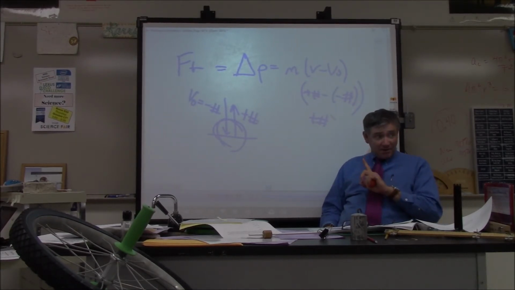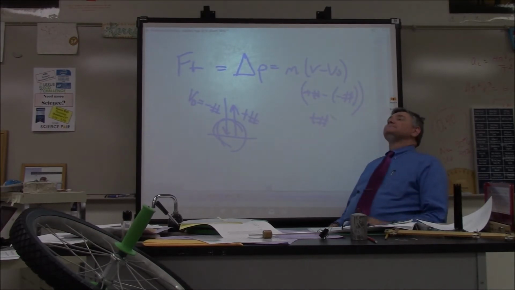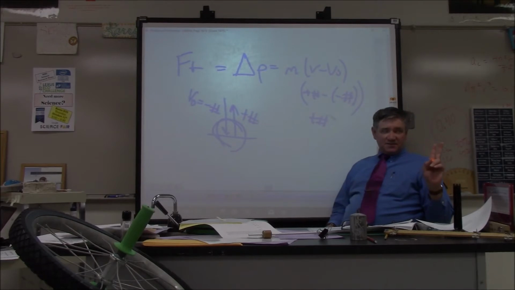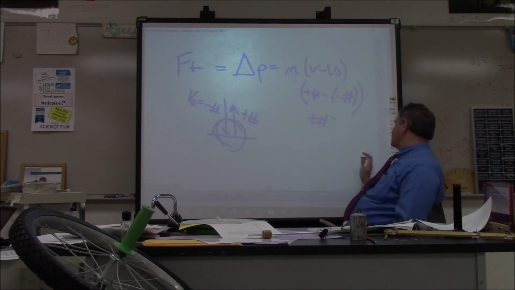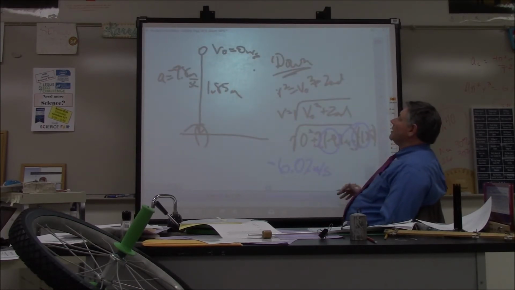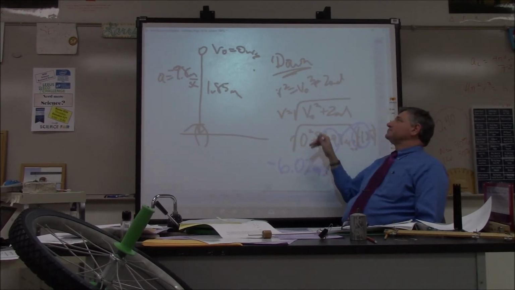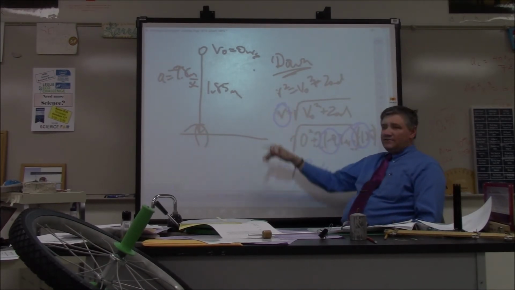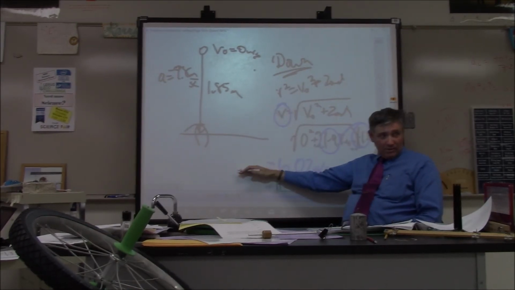This is the thought that you have to go through. And this is the hardest part, this transition right here. Now, this is the other thing where this gets confusing, unless you think your way through it, which I have the utmost confidence that all of you can do. So, when we found the velocity when it landed, we found V, right? We found the final velocity when it landed.